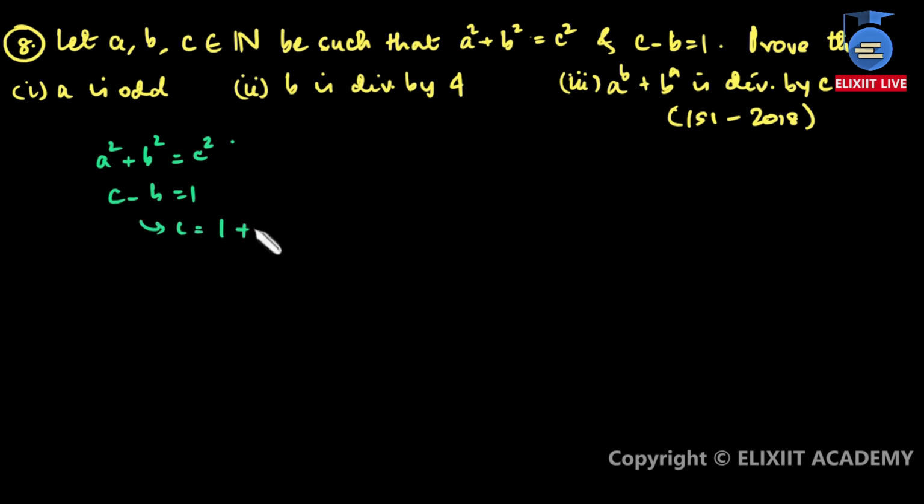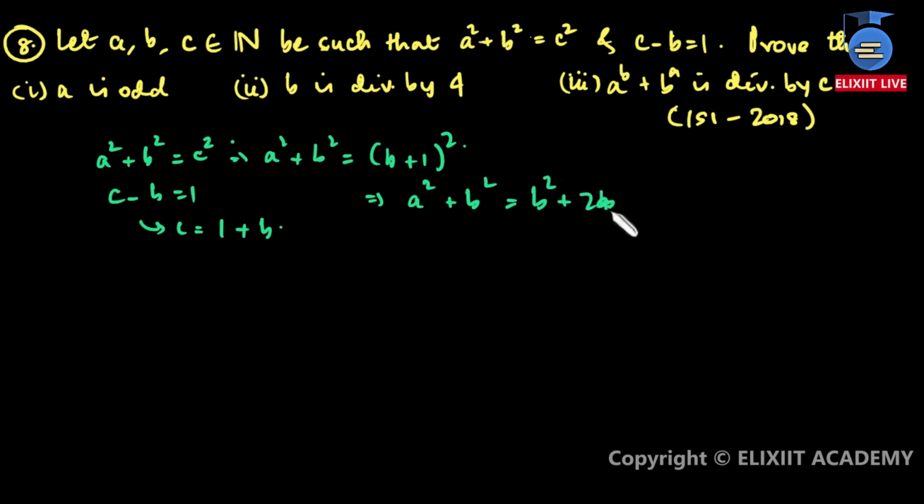C is basically 1 plus b. So simply put this c over here. That is a square plus b square equals (b plus 1) whole square. Clear? Now simplify this: a square plus b square equals b square plus 2b plus 1.